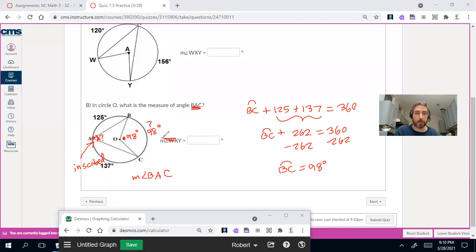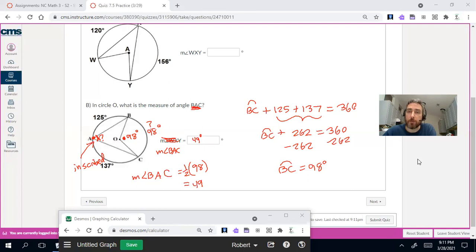I'm not sure why that says WXY, but it should say the measure of angle BAC. I'll fix that when I actually make the assignment public. It is going to be 98 divided by 2, 1/2 of 98. Well, half of 100 is 50, so half of 98 should be 49. So that should be a 49-degree angle, 49 degrees.